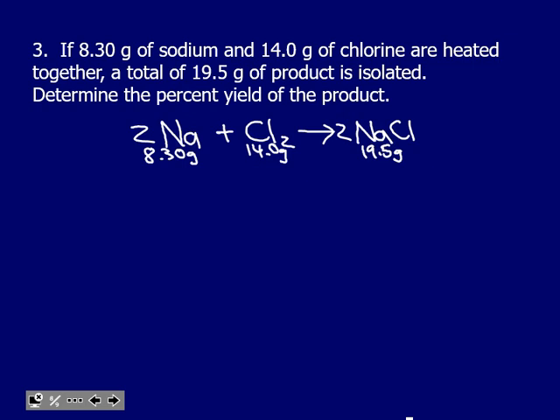I will then use that to get my theoretical yield, and then I'll put the percentage on it. 19.5 of the product is isolated. Actual yield, question mark, theoretical yield. And now I do a whole lot of arrows and calculating. Go ahead, do stuff. And again, I will catch up.